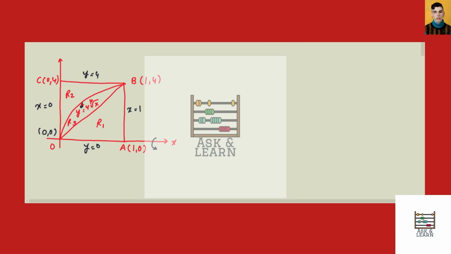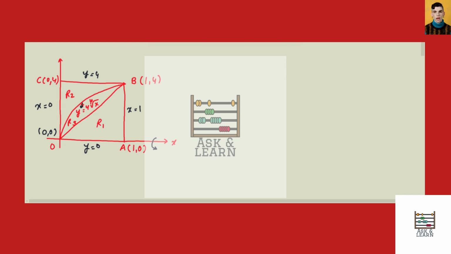This we know. But for finding the specified region R2 about OA, we want the area for R2.